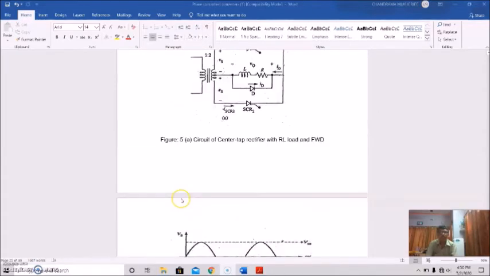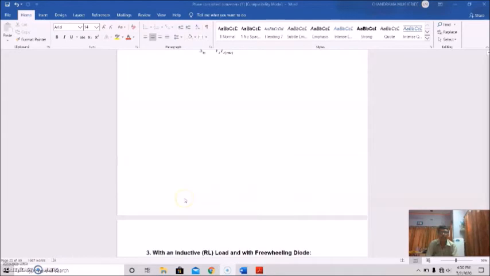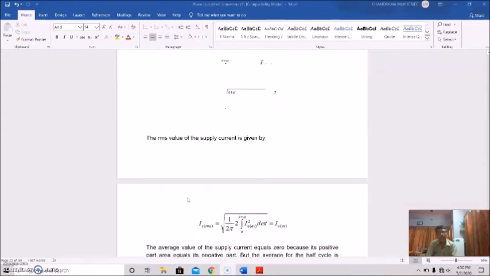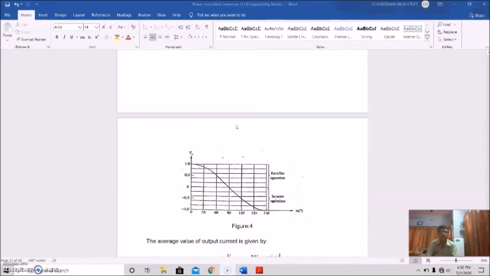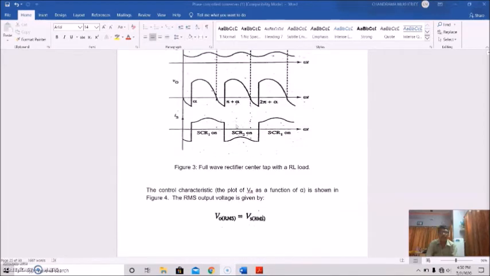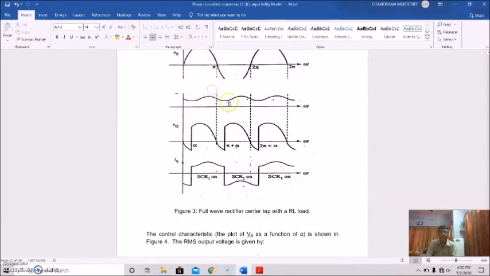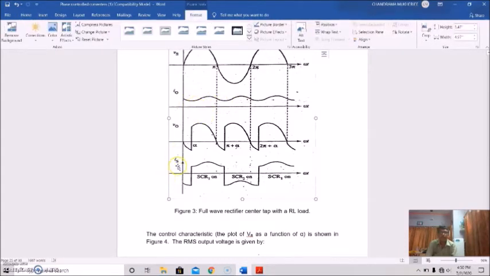Previously there was a variation, if you compare this with only the presence of the RL load. See the variation. This is the output current actually. The variation of the output current is due to the presence of this negative voltage in the output voltage. That portion has been modified due to the presence of this freewheeling diode, and it makes the current nearly constant.